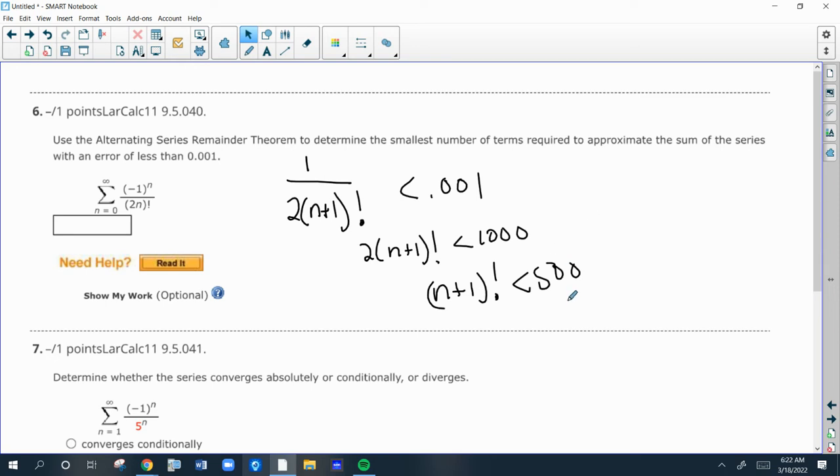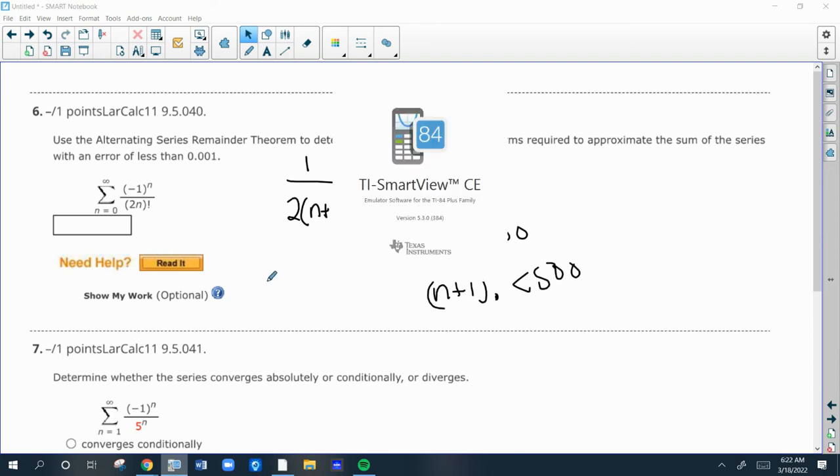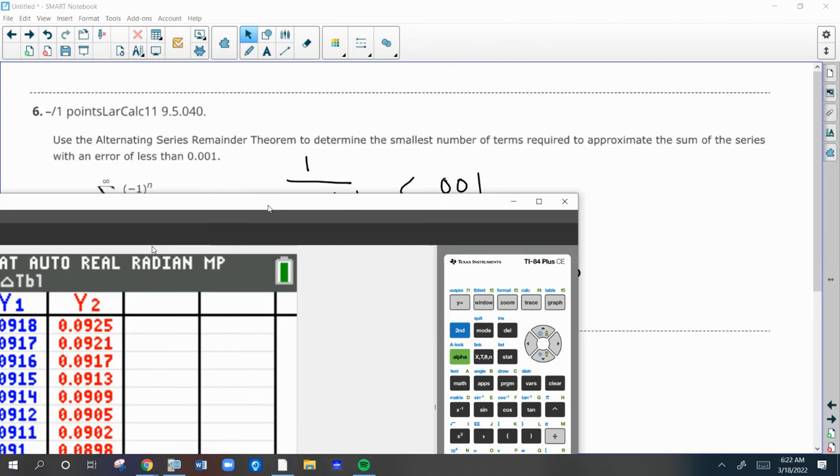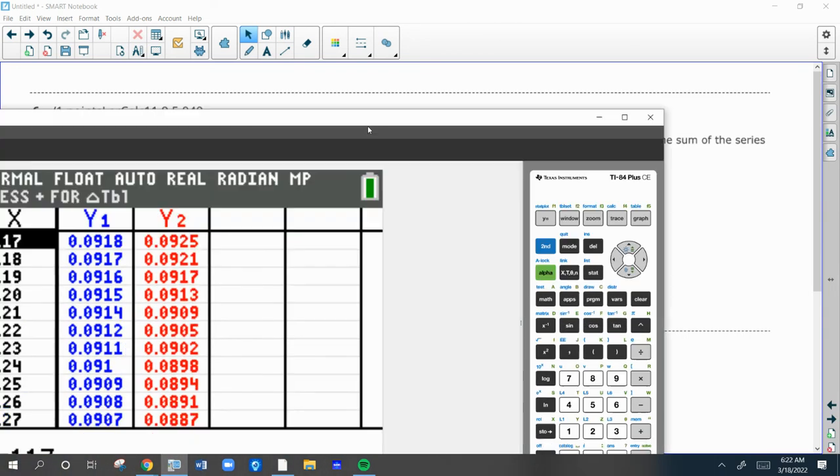And then I really don't know what to do to solve this other than take my calculator. I know n plus 1 factorial is not getting too big. So I'm going to trial and error this. If you can think of a better way, let me know.